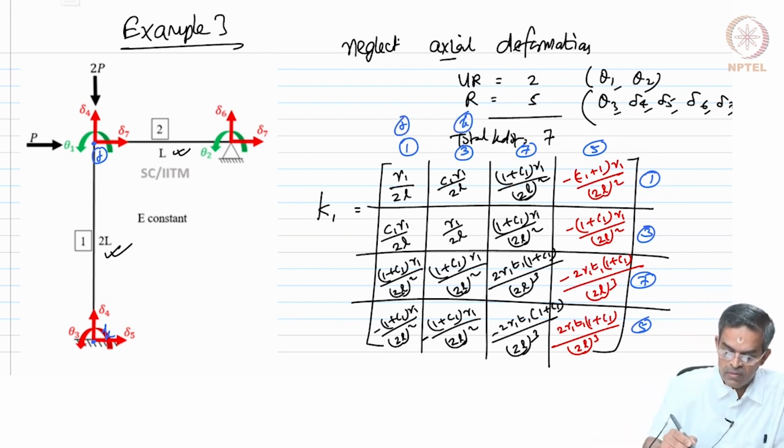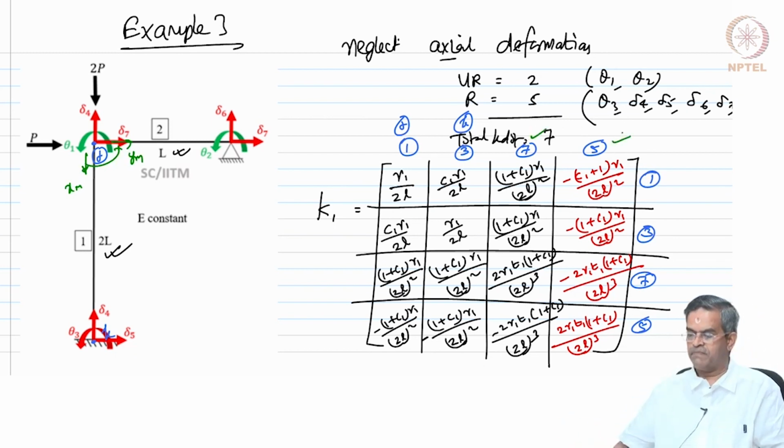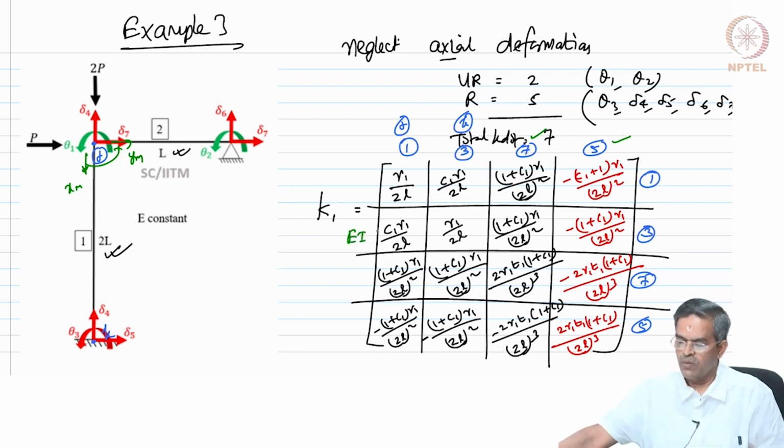If I say this is my xm, anti-clockwise 90 is my ym, so this becomes my label 7 and this is my label 5. Okay, so K1 for the member AB is established. Of course, we have an EI multiplier outside, so we can do this.